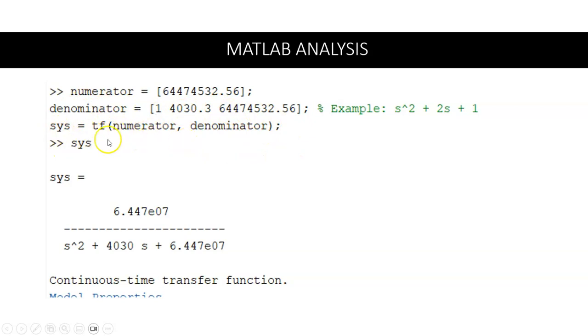This command, TF, is the transfer function; we name the system SYS, and then we use the transfer function command with the numerator and denominator as the parameters, and we get this here, which is the continuous-time transfer function.